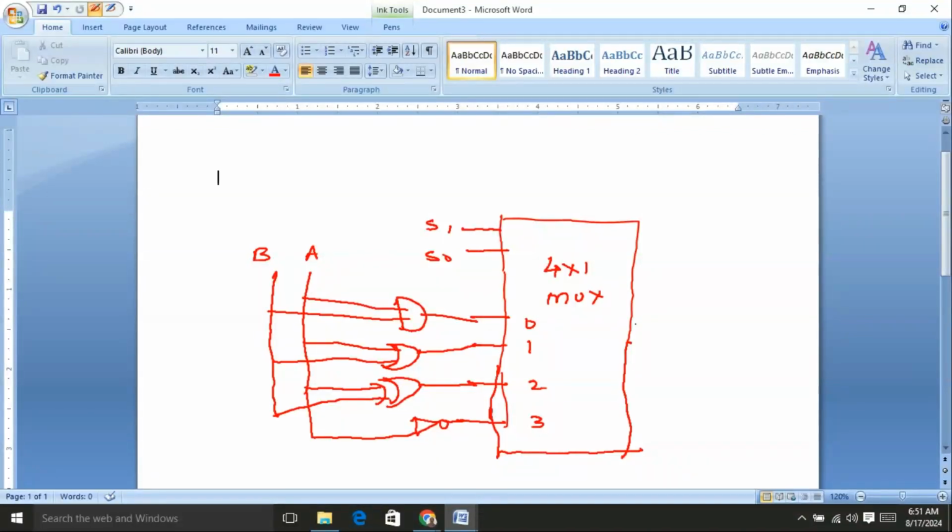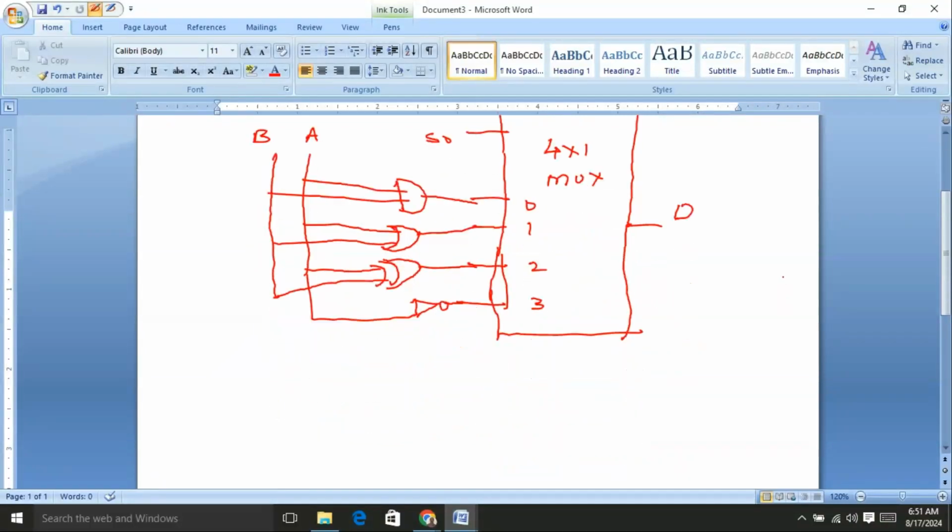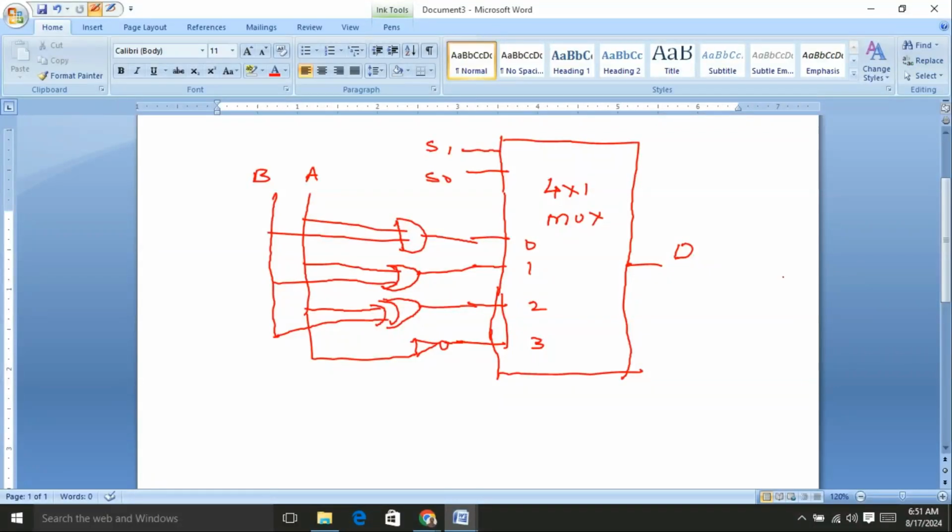Now this is the output of the entire circuit, considered as D. The output D value depends upon the selection line values S0 and S1. Let us consider this is S1 and this is S0. The S1 and S0 values are 0, 0.